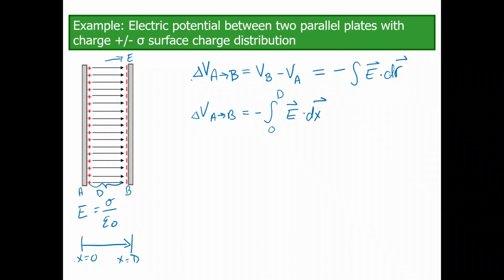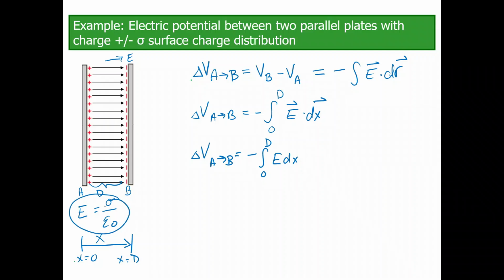The way that I have defined these, my electric field and x are going to be in the exact same direction. Because x and E are parallel to each other, the dot product is just going to give me E dx. So delta V from A to B is going to equal negative the integral from 0 to D of E dx.